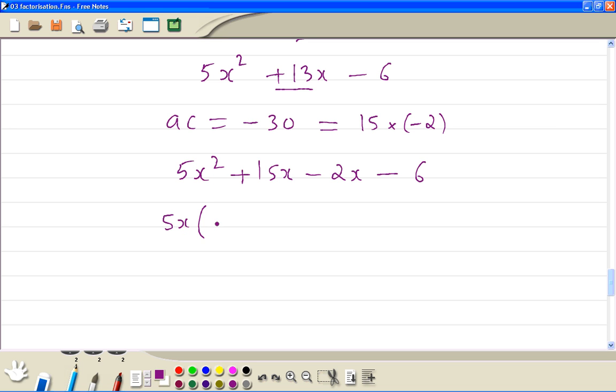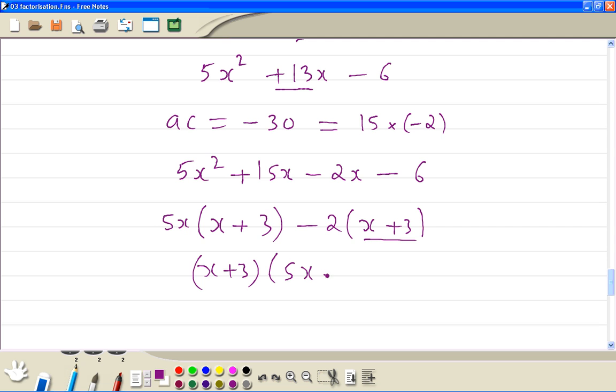So we're left with 3x, so x plus 3. Then here we have minus 2 as a common factor. Inside the bracket we have x plus 3. Then this is a common factor, so we have x plus 3 times 5x minus 2.